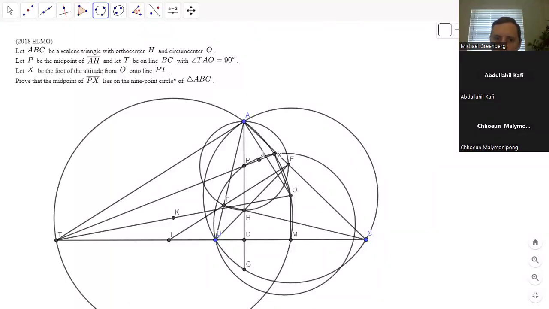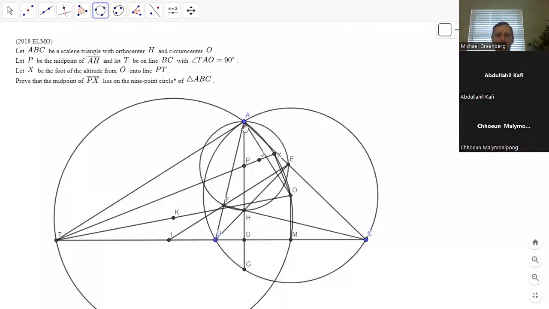No. I'm surprised that, so basically we want to show AM and TP are perpendicular.